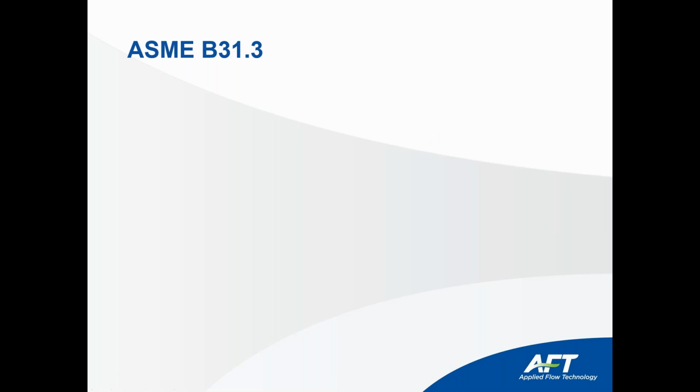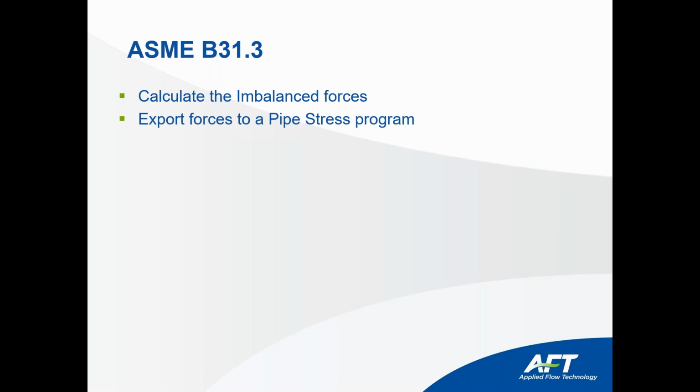Now, if you're using B31.3, you have to calculate the imbalance forces, and since the code does not talk about an allowable pressure, it talks about a level of stress, you have to export it to a pipe stress program in order to see if you comply or not with B31.3.